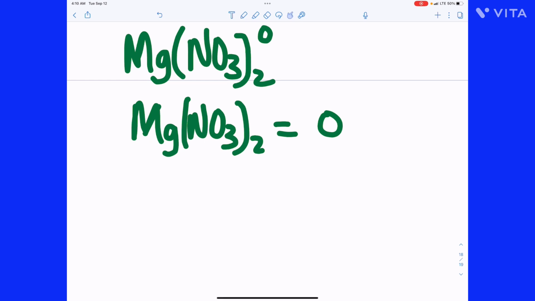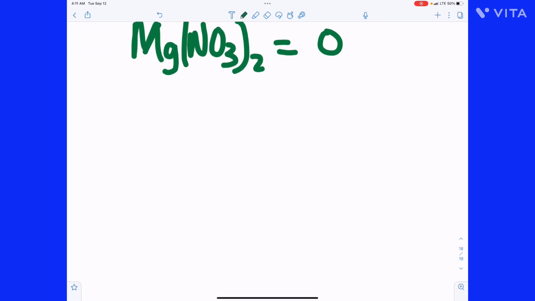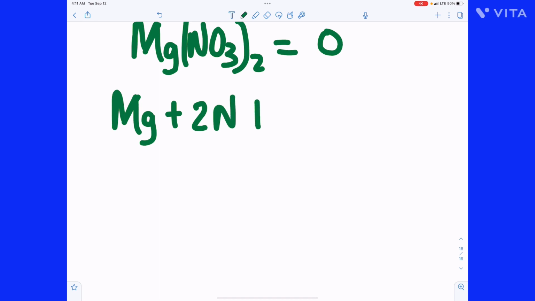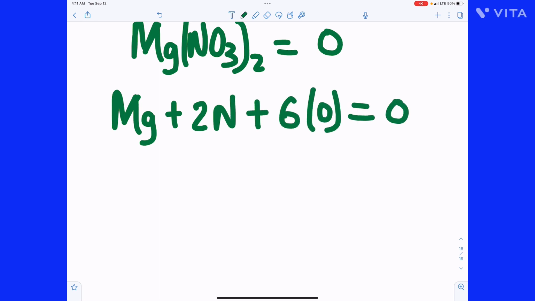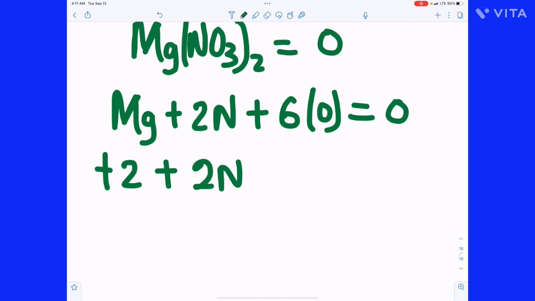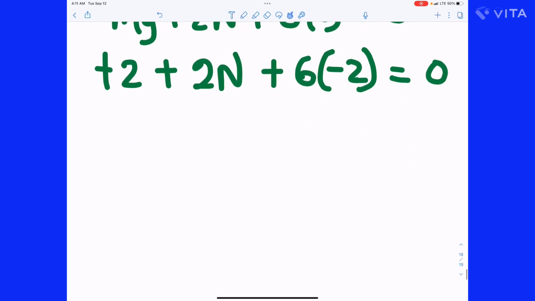So MgNO3 is equal to 0. What does that give you? That tells you Mg plus 2N plus 6O is 0. The charge of magnesium in this compound is +2. So +2 plus 2N plus 6 times -2 is equal to 0.